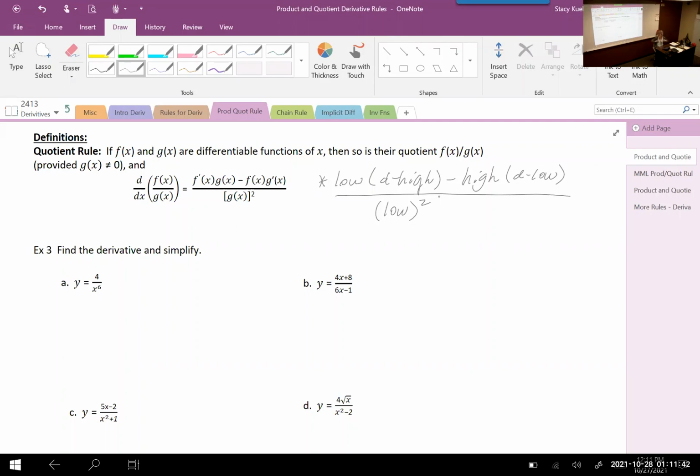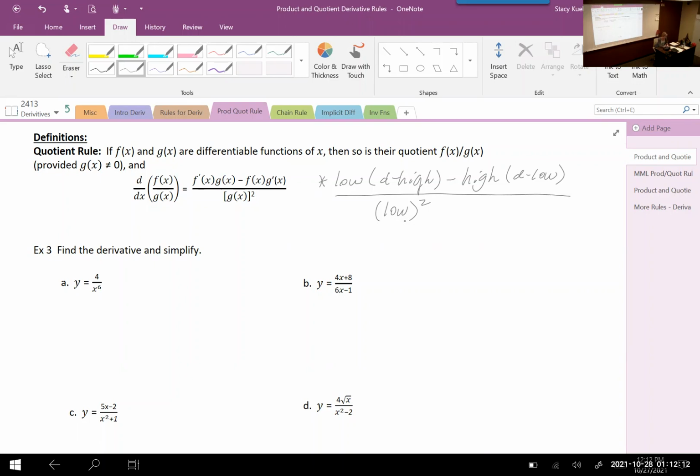What that means is I'm taking the denominator, which is low, multiplying it times the derivative of the numerator, minus the numerator, which is high, times the derivative of the denominator, all over the denominator squared. Low D high minus high D low over low squared. Or you can just remember f prime g minus f g prime over g squared. Whatever's more fun for you, okay?